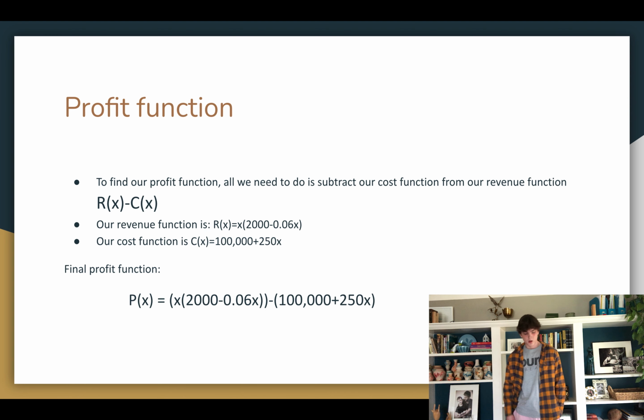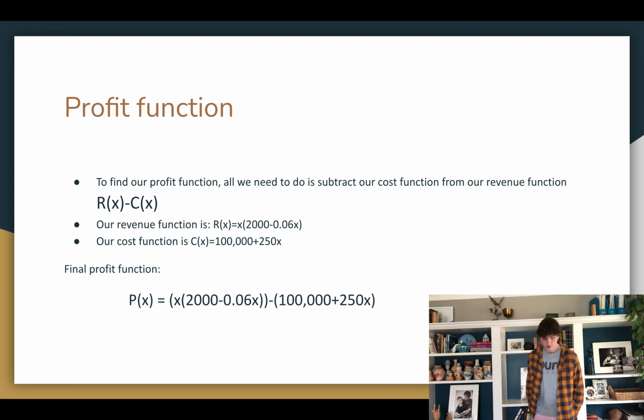So after we have figured both of those out, let's move on to the profit function. To find our profit function, all we will need to do is subtract our cost function from our revenue function. Pretty easy, we just determined those in the last step. As mentioned before, our revenue function is the price demand function multiplied by the production level, which is x.